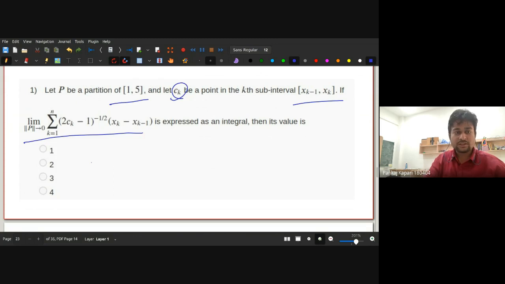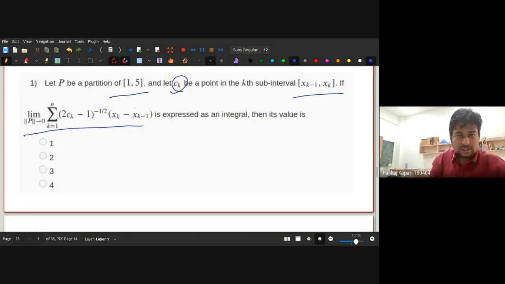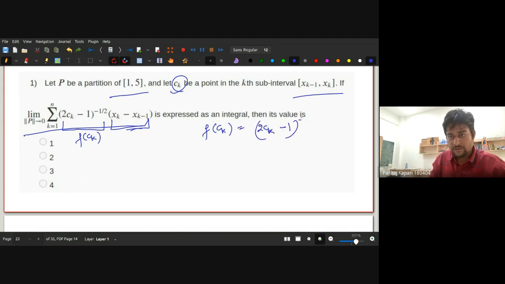You can see that this part is just the length of each subinterval, and this part is your f of ck. What is f of ck here? It is just twice ck minus 1 to the power minus half. So we are taking a 1 over square root thing.